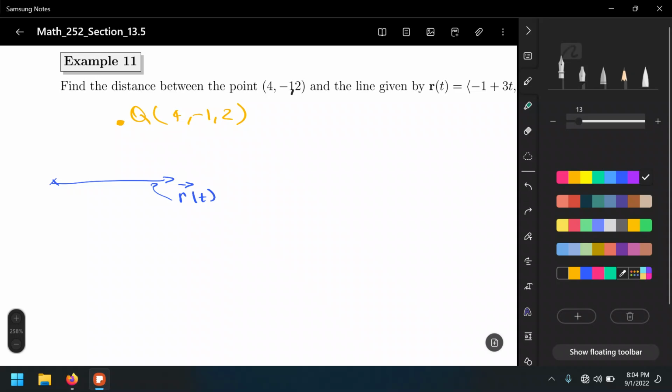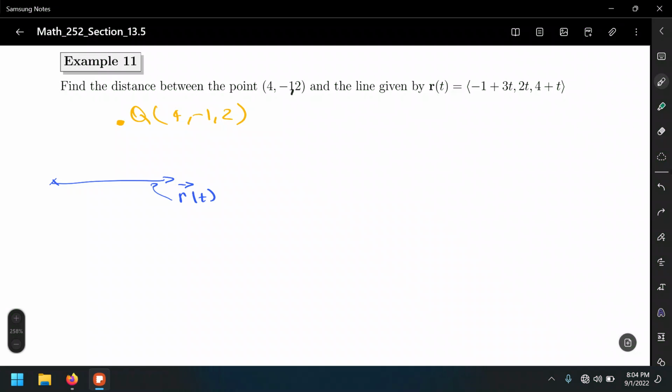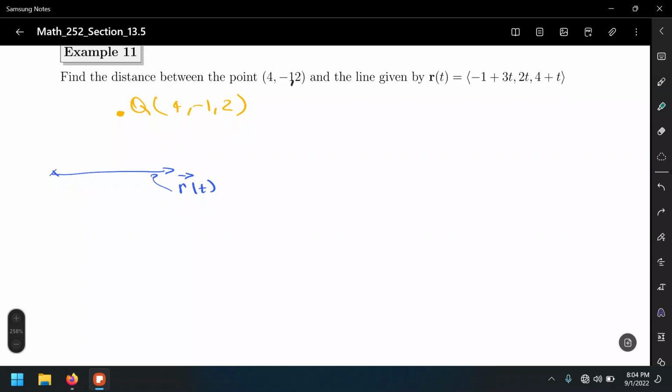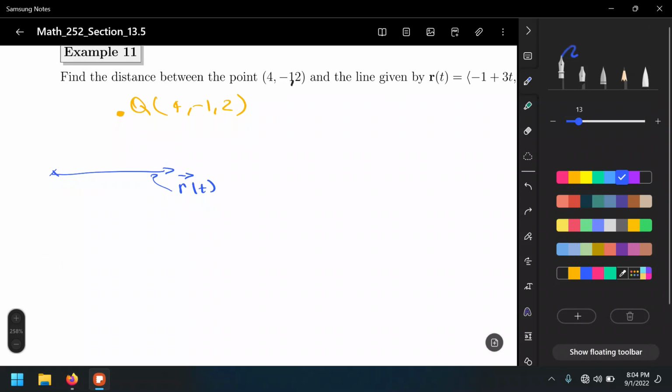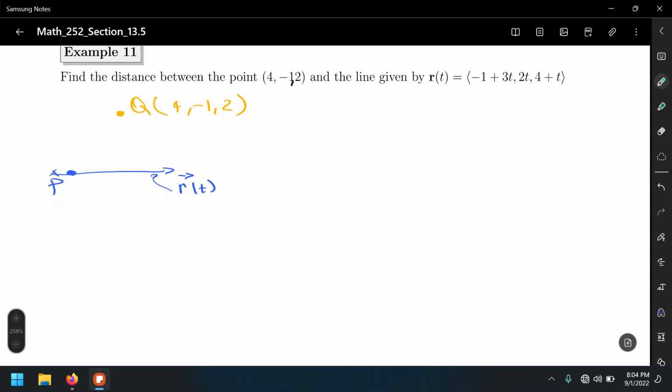What do I mean by the easiest point? The easiest point is when you plug in t equals 0 into the vector valued function. So P will be the initial vector that we're going to use.